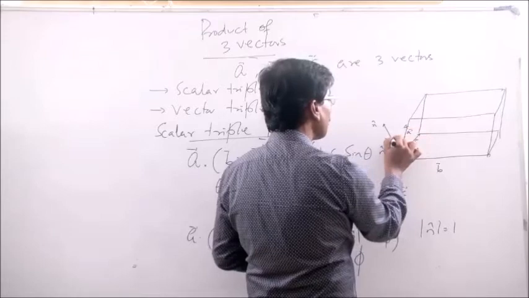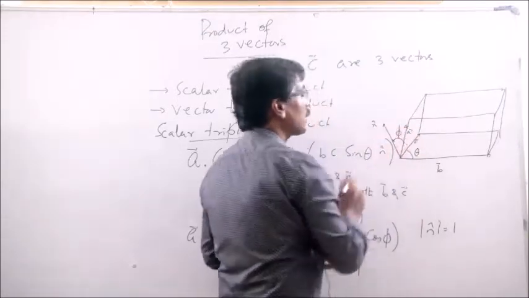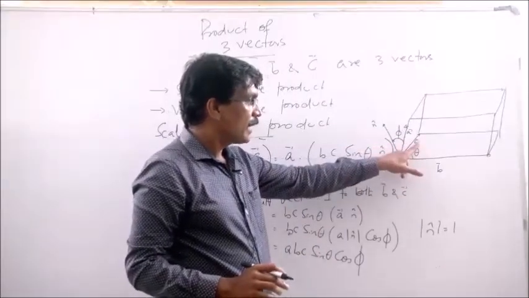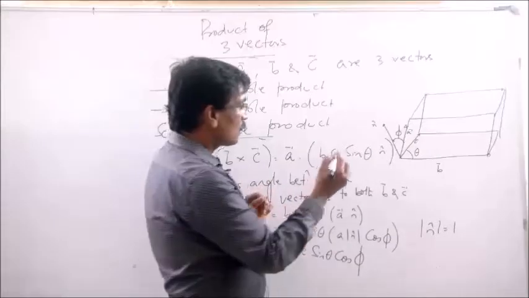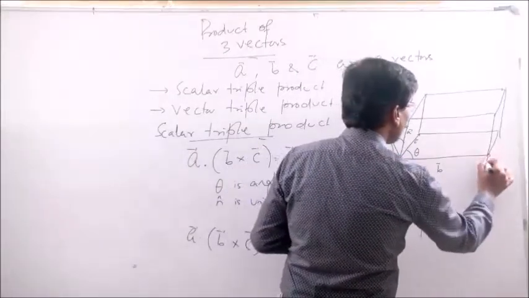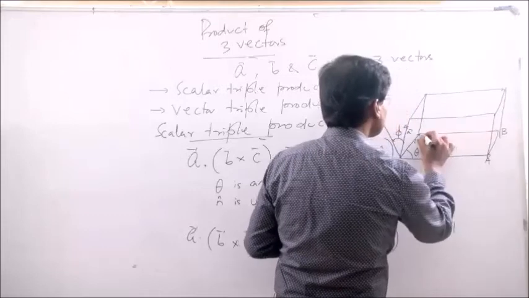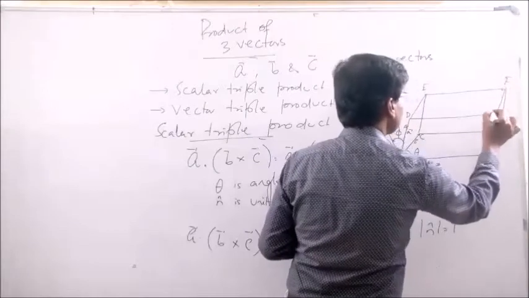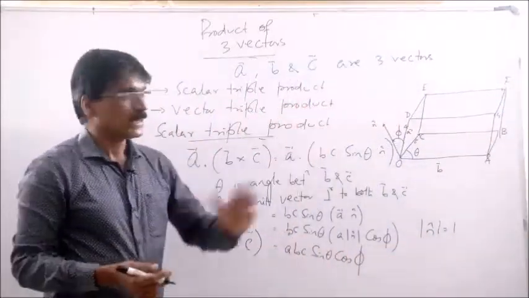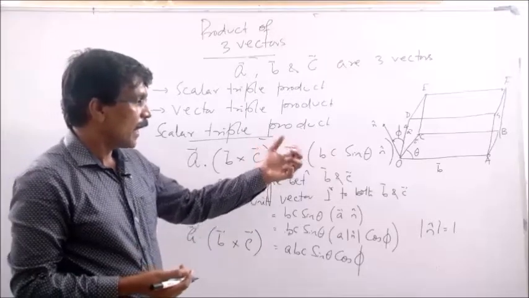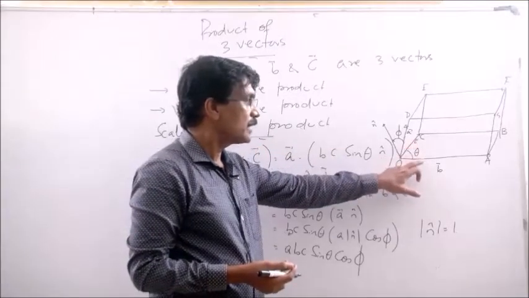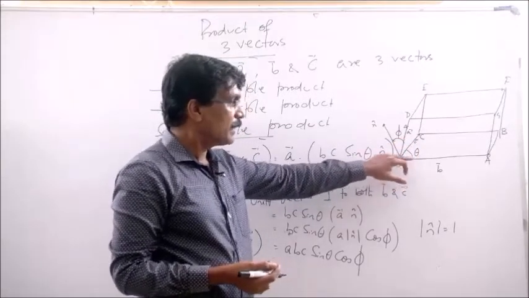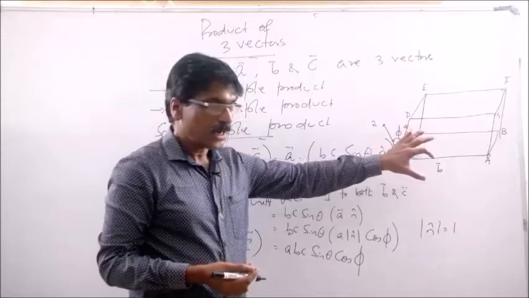The angle between a vector and n cap is phi. Theta is the angle between b vector and c vector. So this is OABCDEFG. It is a rectangular parallelepiped having three consecutive sides, b vector, c vector and a vector. So b, c and a are not in a plane.